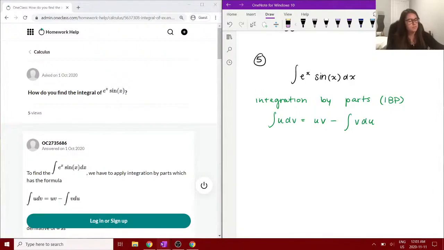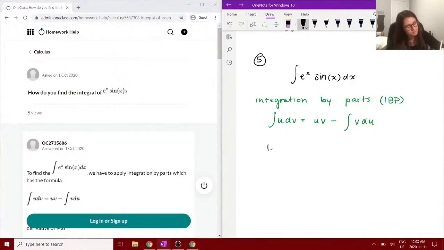All right, so let's try to apply this to what we have. So what we're going to do is we're going to designate some values as u and some values as v so we can replicate this integration by parts formula.